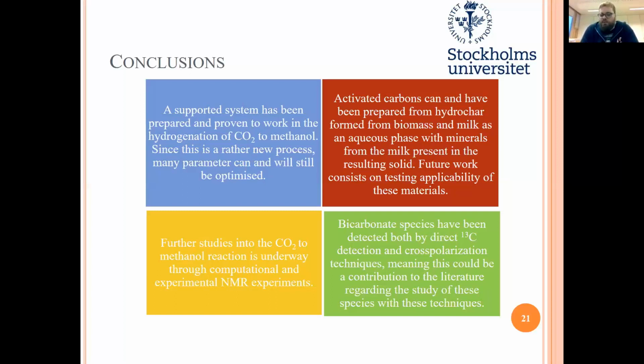Future work will test the applicability of these materials in the transesterification reaction I mentioned. And last but not least, this fundamental understanding of the bicarbonate species detected through solid state carbon-13 NMR, both by direct detection and cross-polarization techniques, means that we can contribute to the literature regarding the study of these techniques.